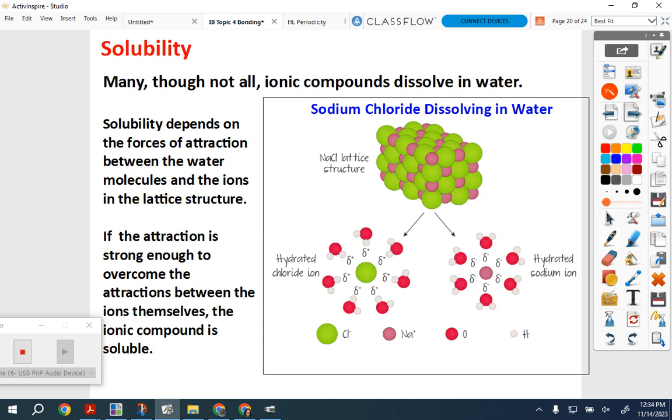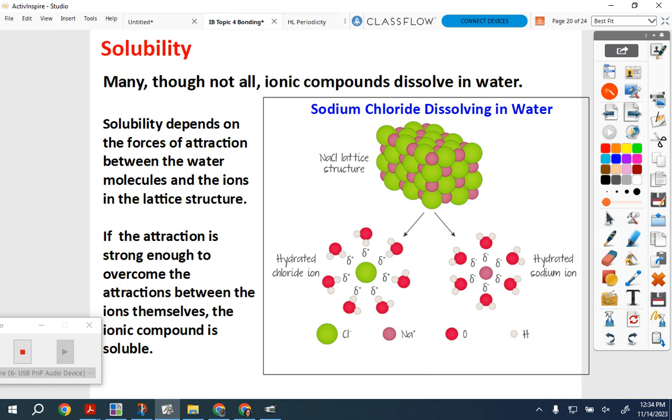Solubility is also something that is typically pretty good for ionic compounds in water. This is something we talked about in honors chemistry only in the context of our intermolecular forces, and we talked about the ion-dipole attractive force, where we have a positive or negatively charged ion, and then we have a polar molecule like water, where it has a very strong partial positive charge on the hydrogen side and a very strong partial negative charge on the oxygen side of the molecule.